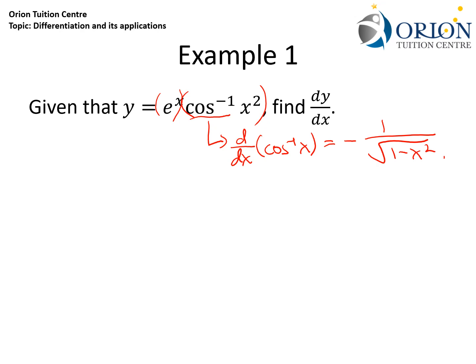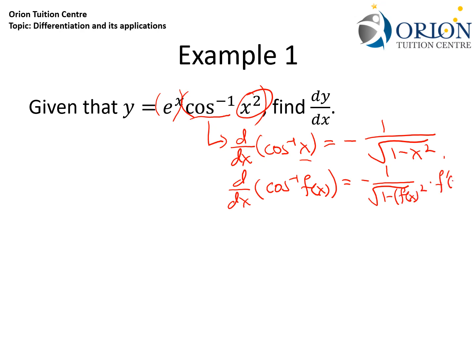Furthermore, instead of just an x in the cos inverse, we have x squared. So we need to do d over dx of cos inverse f(x) equals negative 1 over square root 1 minus f(x) squared times f'(x), where f(x) is x squared and therefore f'(x) is 2x. So with this, let's proceed to differentiating the entire term.